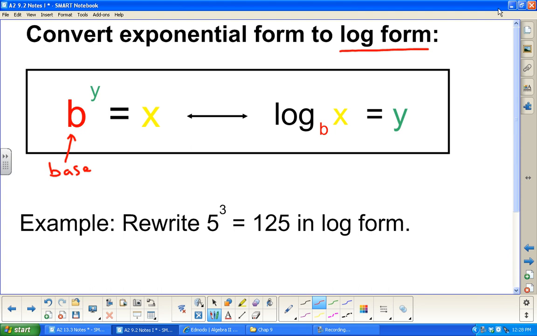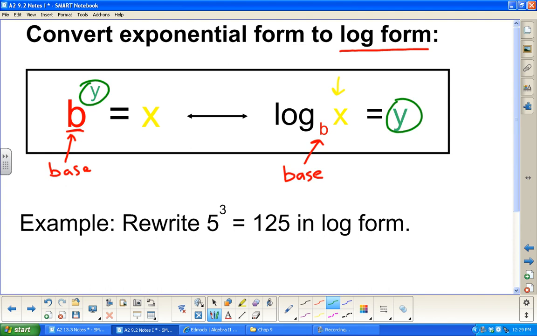So notice the base, it's a little subscript down here. We say log base, whatever the base happens to be, some number. Same thing as the b over here. Notice the x switched spots. The x is now on the left side of the equation usually, and then the exponent is now what that log is equal to.